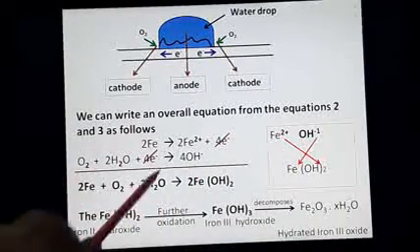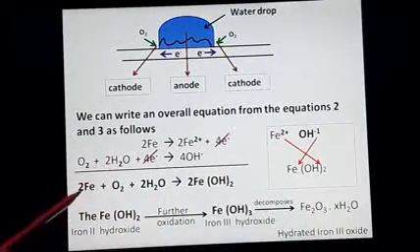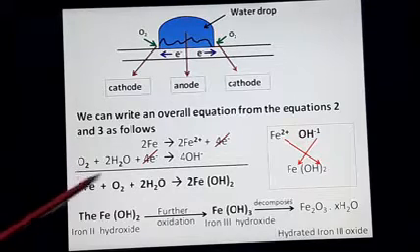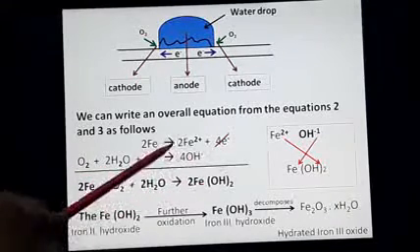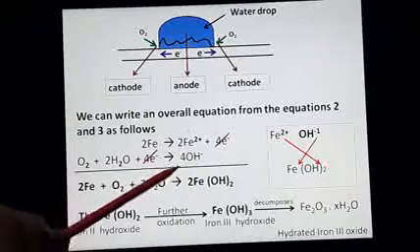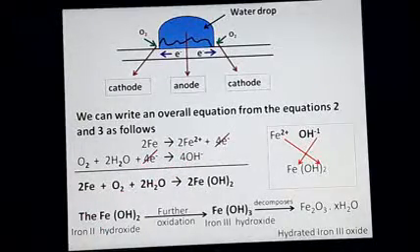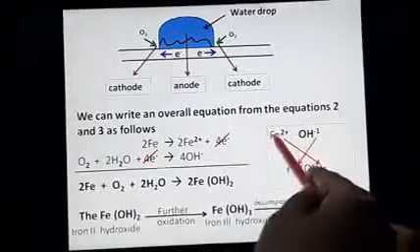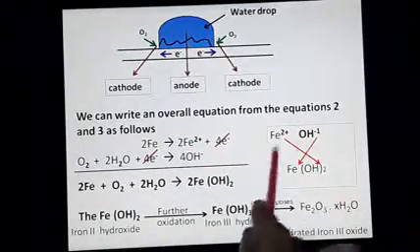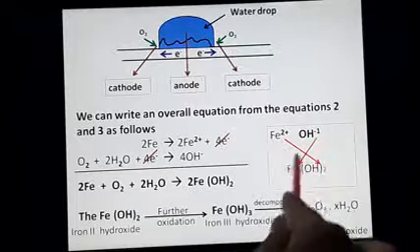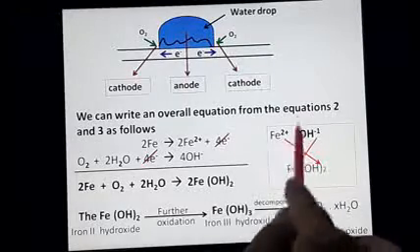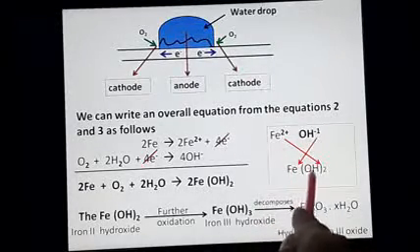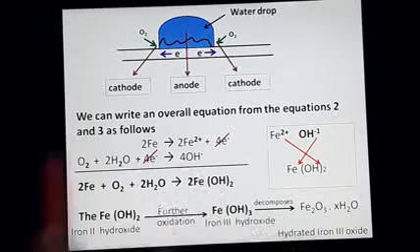What do I have on the left side? 2 iron atoms, oxygen molecule O2 plus 2 H2O, and on this side 2 Fe2+ and 4 OH- ions. Since one is positively charged and the other negatively charged, they will attract each other and form a molecule. By crossing their valencies, you get Fe(OH)2.